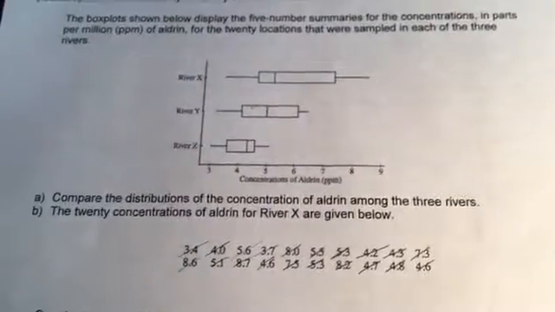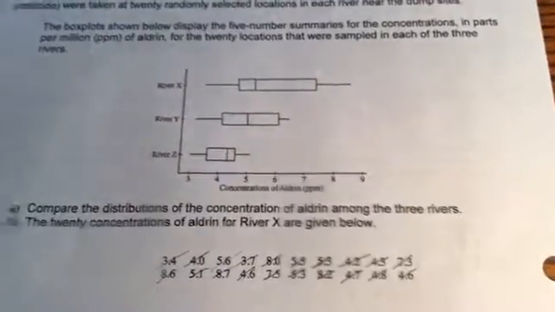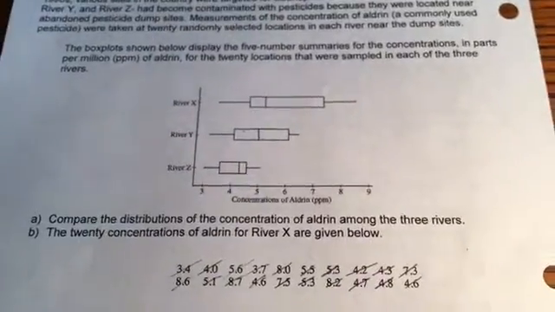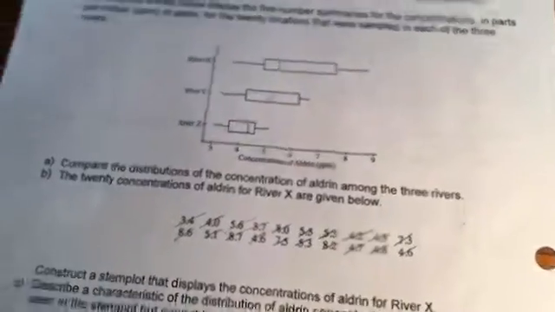The next part is giving us the specific data which was used to construct the box plot for River X, and it's asking us to make a stem plot. Well, a stem plot, as you know, just has the ones place or the tens place or whatever the largest place is on one side, and then the decimals in this case on the other side.